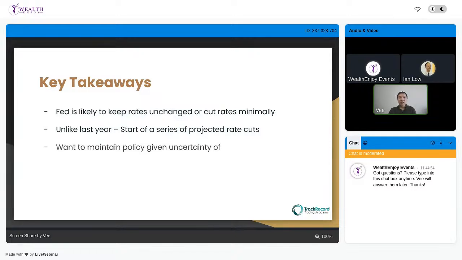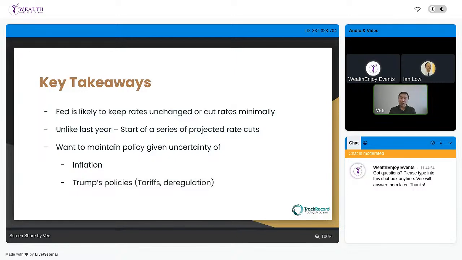So they want to maintain policy because of the uncertainty of inflation. Inflation remains above the target, but later you see that it's projected to go lower in one of the presentations going forward. But Trump's policies as well are a wild card, right?